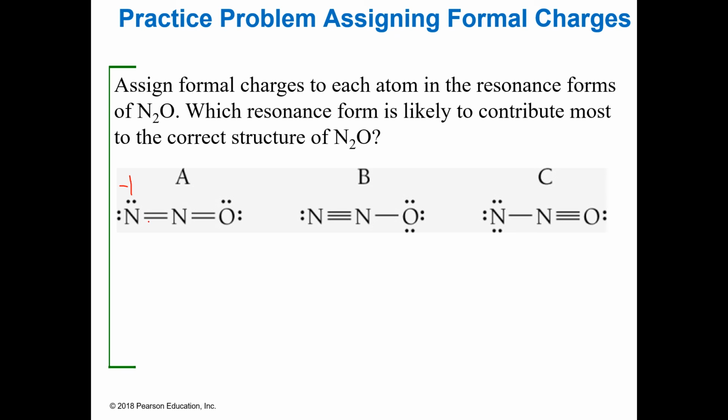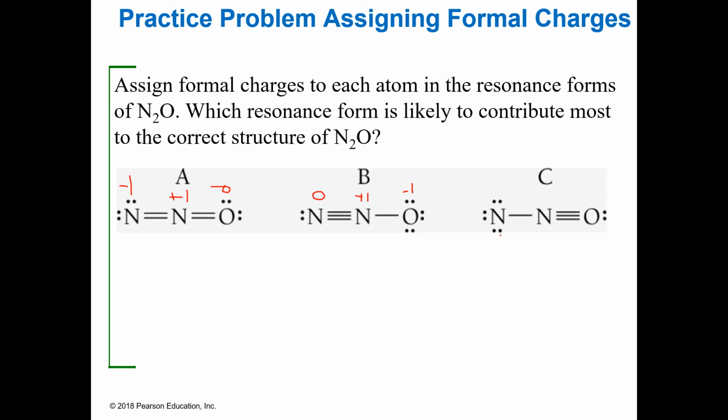This is going to be 5 minus 4, which is a +1. This will be 6 minus 6, so this will be 0. Here we go. We have 5 minus 5, which is 0. This one's going to be +1. And this one's going to be -1.